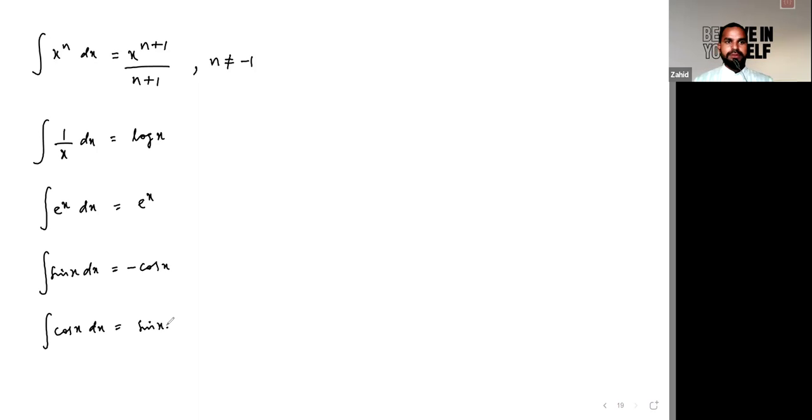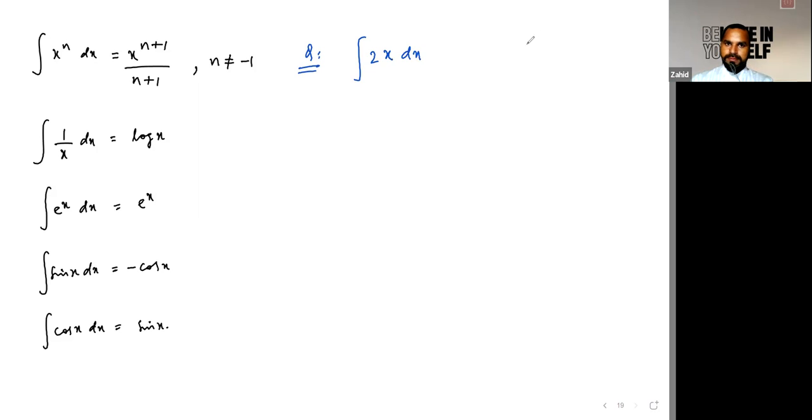So these are formulas to calculate or define integration. I'm giving you some examples of how to solve. Let's say you have integration of 2 times x dx.